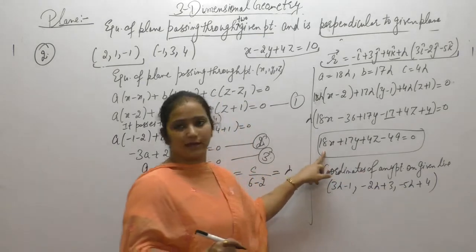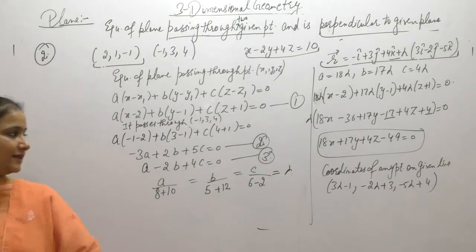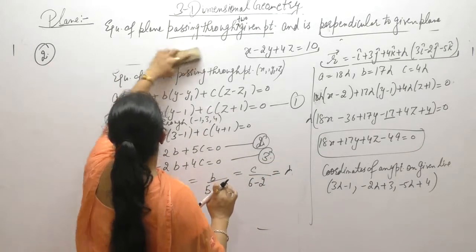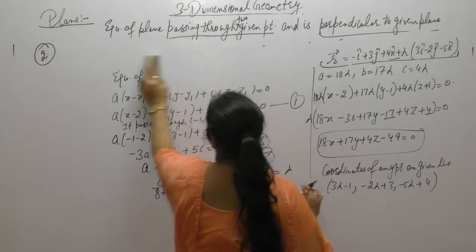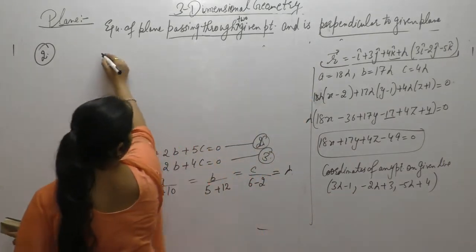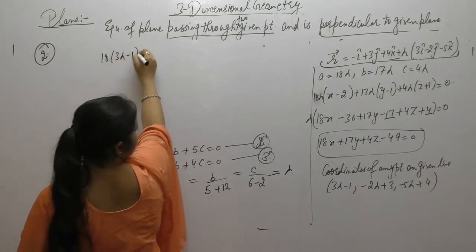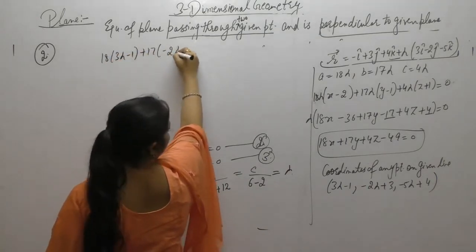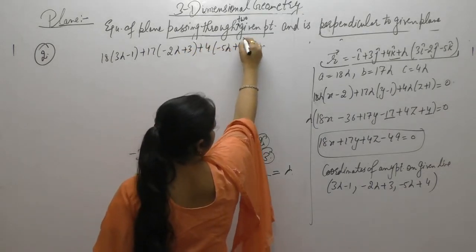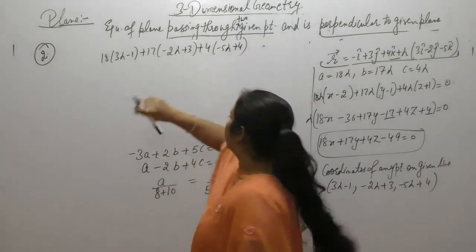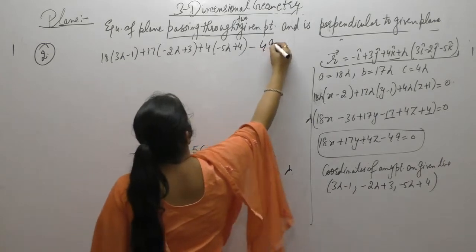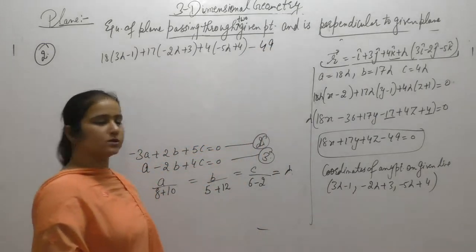Put these values here and we will have to check whether these points satisfy this equation or not. 18 into 3 lambda minus 1 plus 17 into minus 2 lambda plus 3, 4, z is minus 5 lambda plus 4. We will have to check whether it is equal to 49, or we can say minus 49, then it should be equal to 0.